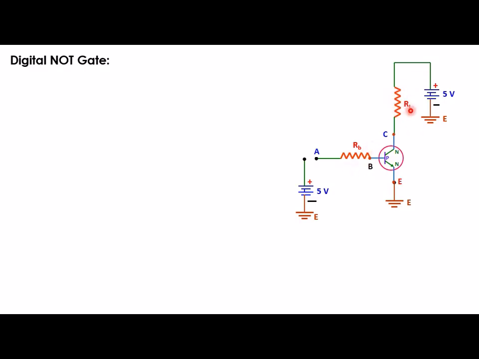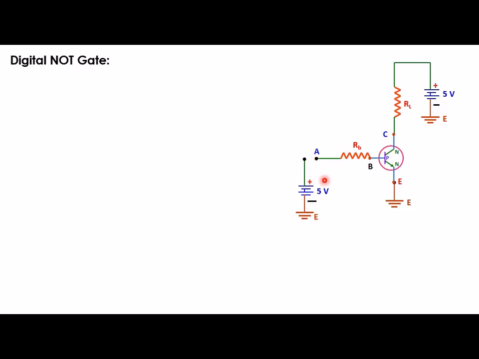This load resistance is used for biasing this collector terminal through this 5 volt battery, and this base resistance is used to bias this base terminal through this 5 volt battery, where we have a provision that if we want, we can give plus 5 volt or 0 volt or ground.